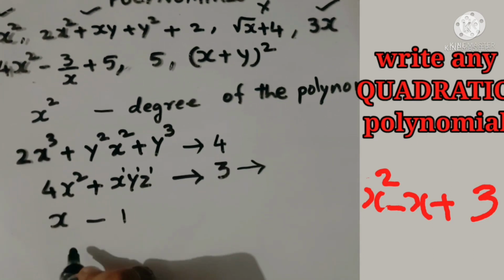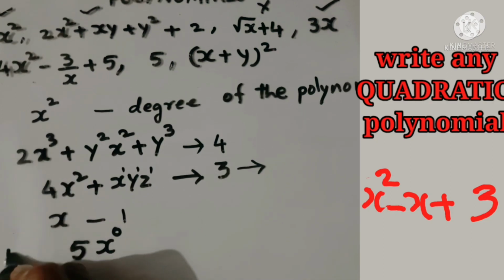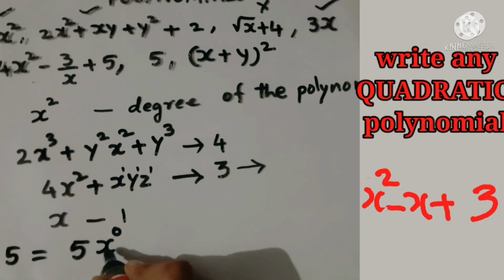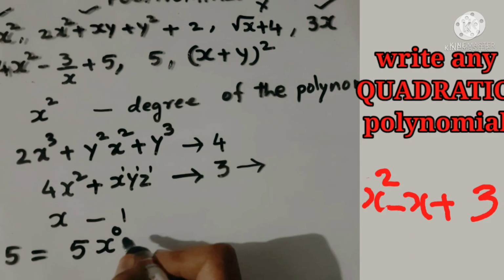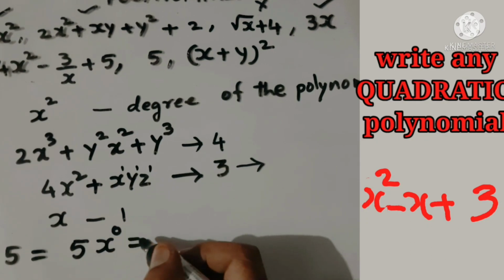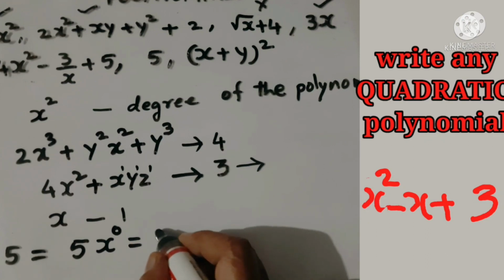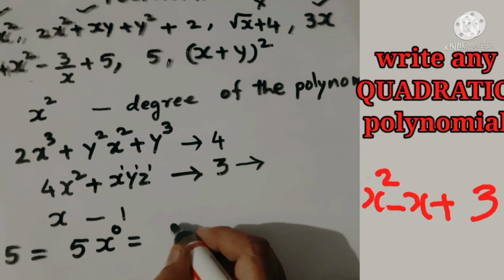So what is the degree of the constant number 5? Here we can write 5 as 5 into x to the power 0. So the degree of this polynomial is 0.